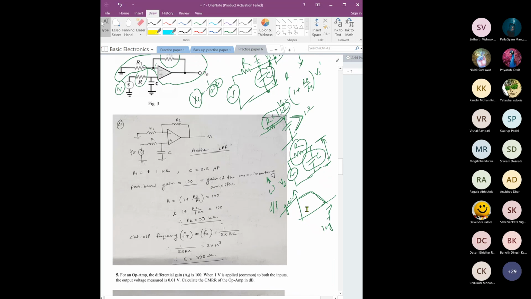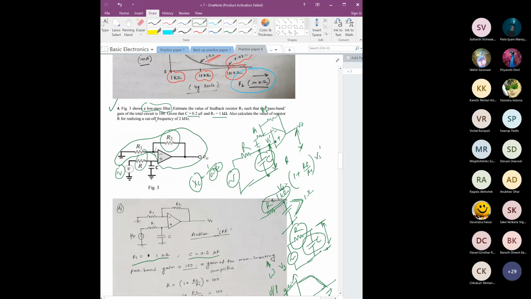But here, this part is the passive filter, and after that we have added another op amp. We are assuming this is an ideal op amp, so it does not offer any capacitance part. Whatever is coming here, this op amp is simply amplifying that. Here R1 is given as 1 kilo ohm, capacitance is given, and the gain has also been given.